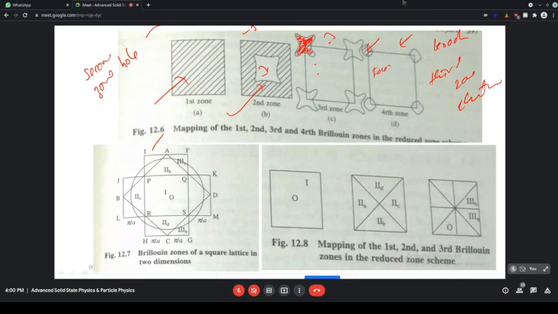Is this hole or electron? Electron. Yes, these are the fourth zone electrons. Therefore, the second zone Fermi surface will behave as a hole. The third zone's Fermi surface will behave as an electron, and the curve will be like this. The fourth zone electrons will be nearly circular in nature.